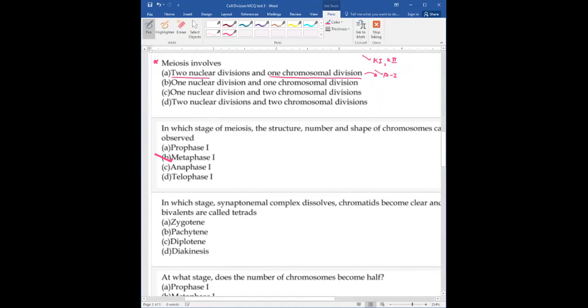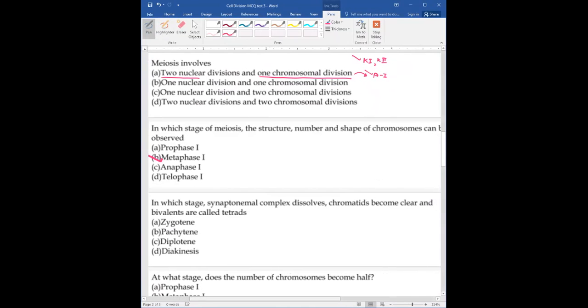Okay. Next, in which stage does the synaptonemal complex dissolve, chromatids become clear, and bivalents are called tetrads? This is very important, guys. So, what are they saying? The synaptonemal complex dissolves. Now, what was the synaptonemal complex, guys? The synaptonemal complex is nothing but your synapse.